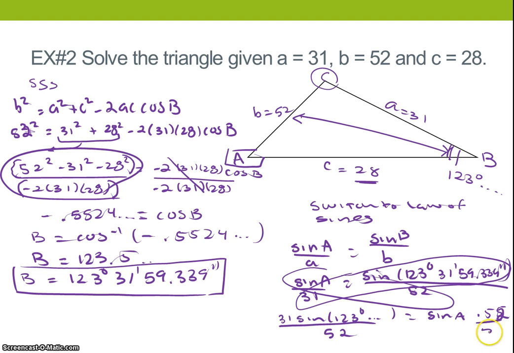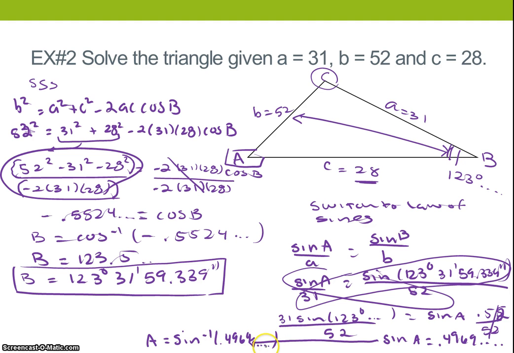I'm going to divide both sides by 52, so those cancel off. And I have sine of A equals this number. And that number is approximately 0.4969. So I have sine of A is 0.4969 and some stuff. So in order to find A, I'm going to do sine inverse. So A is sine inverse of 0.4969 and all that stuff.